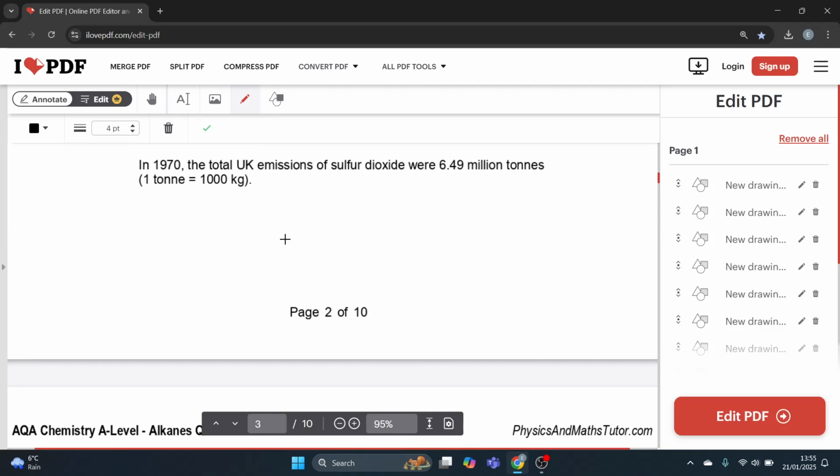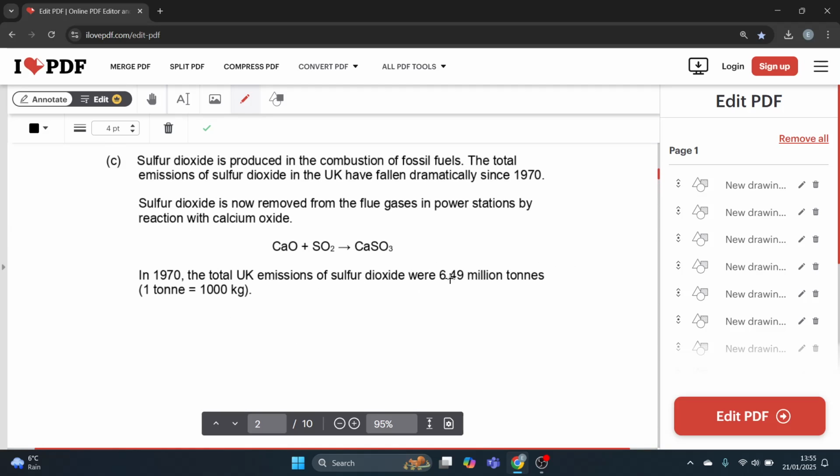How do I do that? Well, it's mass in grams. It's giving me this much in tons, so 6.49 million tons, but I want it in kg, first things first. 1 ton is 1,000 kg.